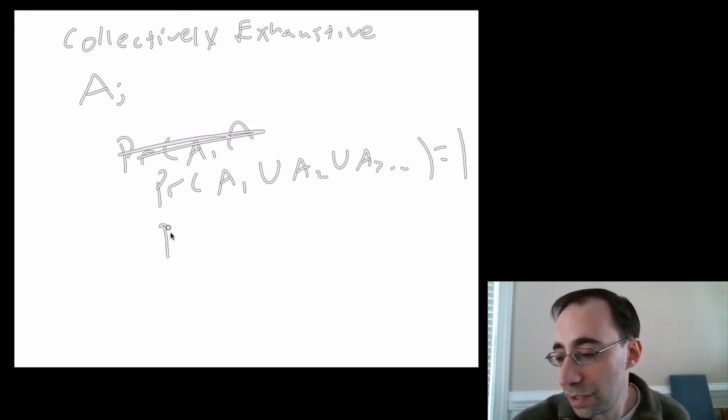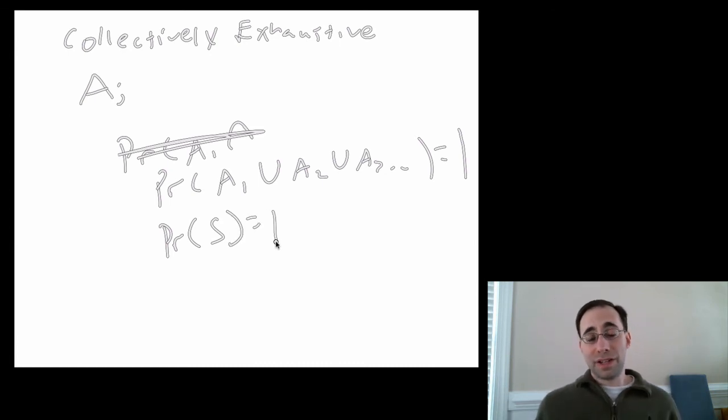This is very closely related to the fact that the probability the sample space occurs is 1. If events are collectively exhaustive, then they are the entire sample space. They exhaust the sample space collectively. And you can relate this pretty closely to the other concepts, particularly mutual exclusivity. Typically, when we're trying to make up, say, survey responses, we want the different responses to be exhaustive, but also mutually exclusive.